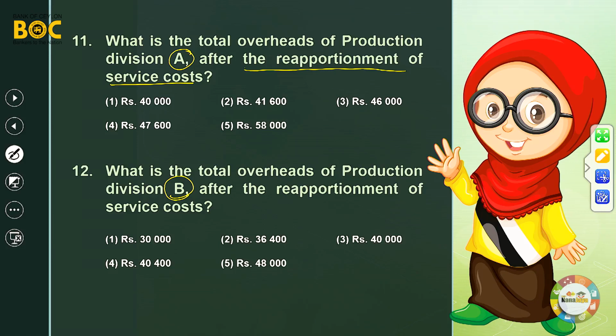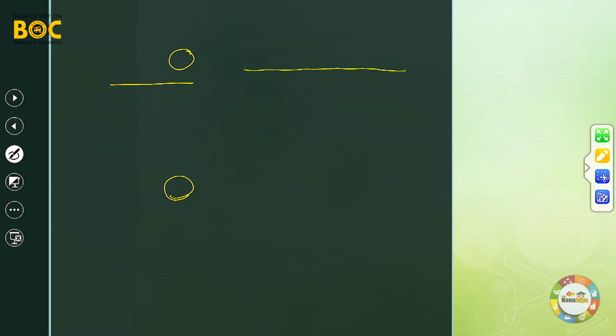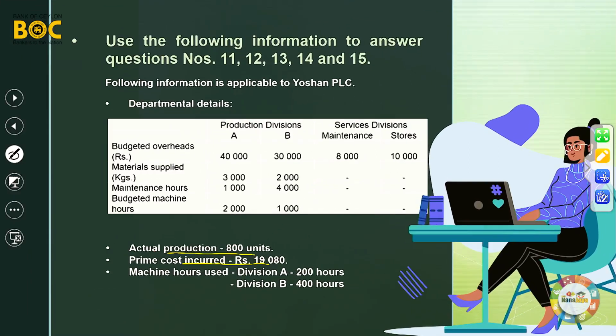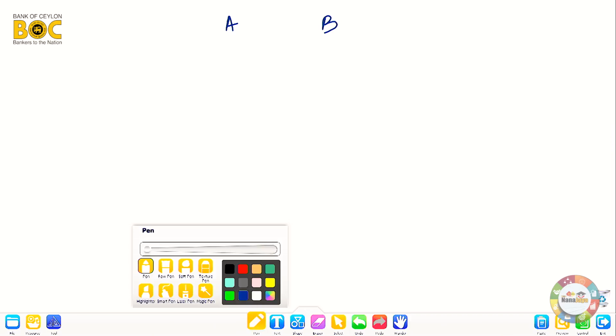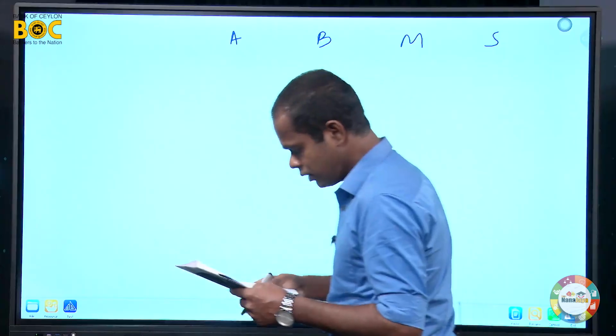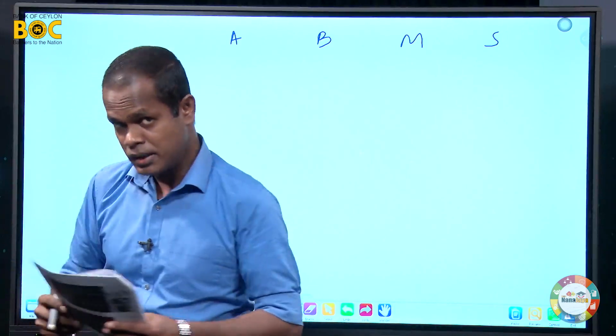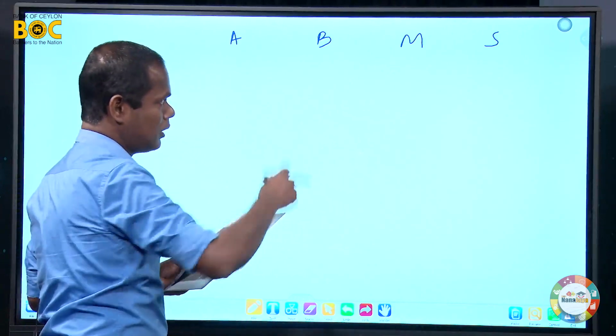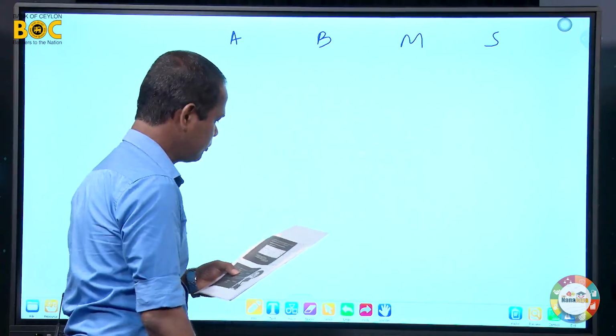What are the service departments' proper names? The maintenance department, which we call M, and the stores department, which we call S.